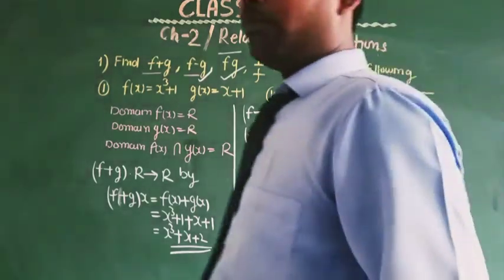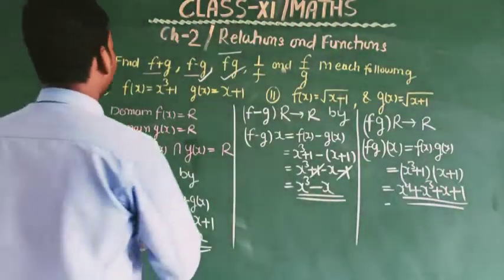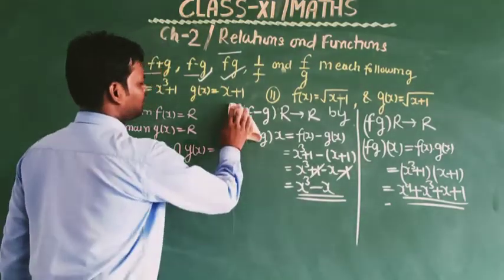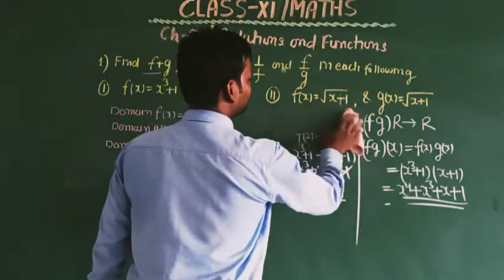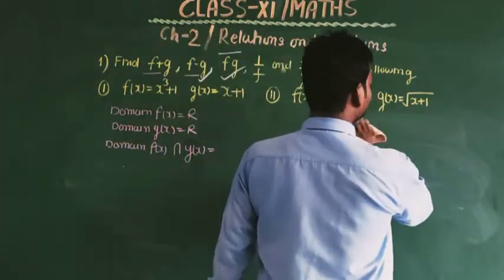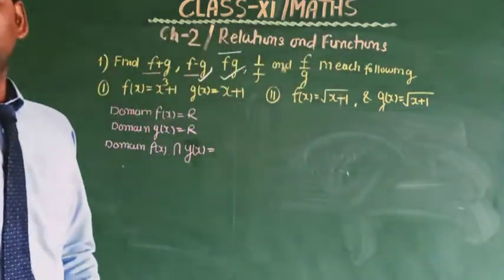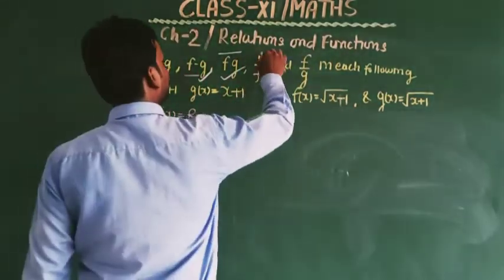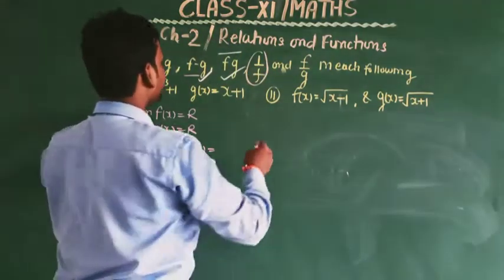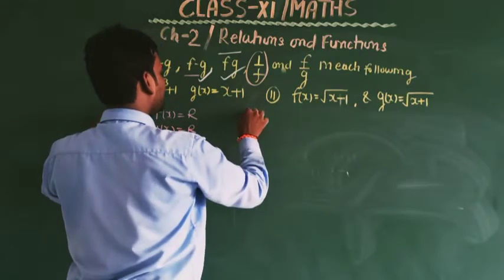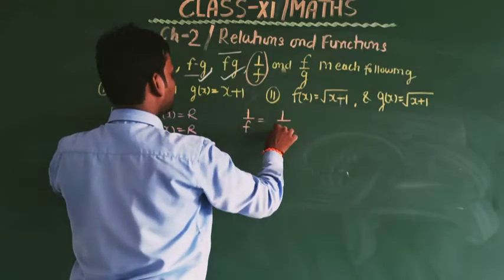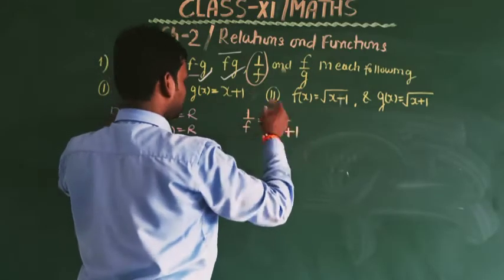Next is 1 upon f. 1 upon f means 1 upon x cube plus 1.